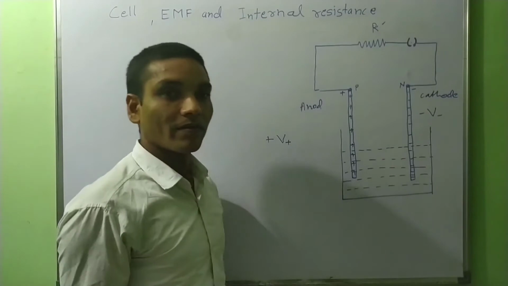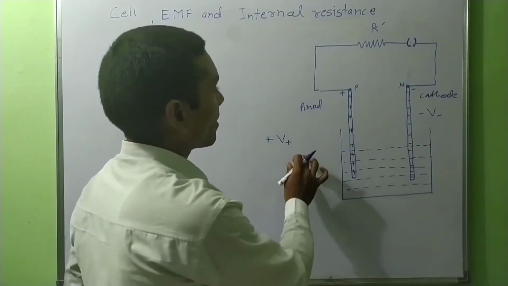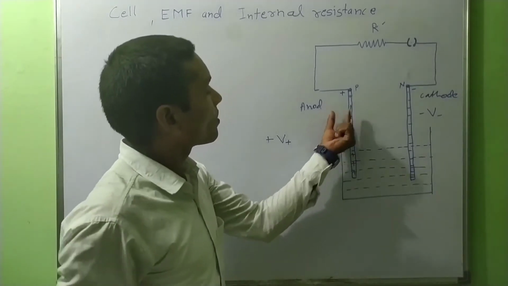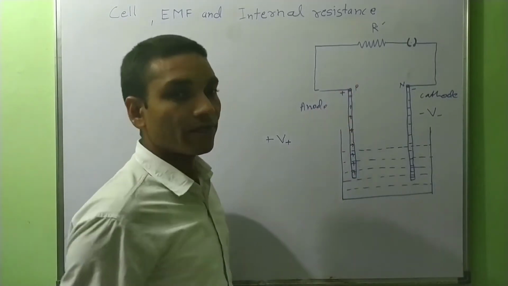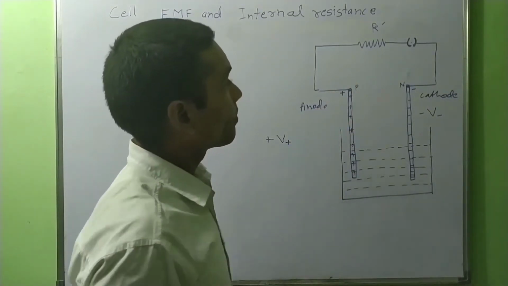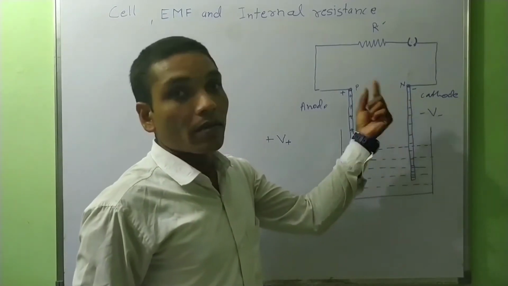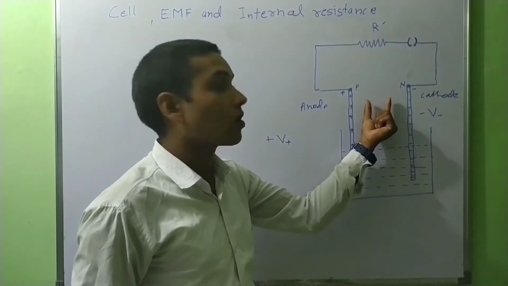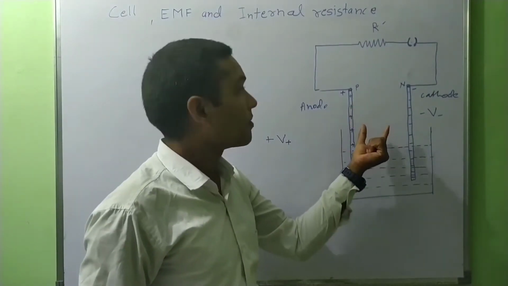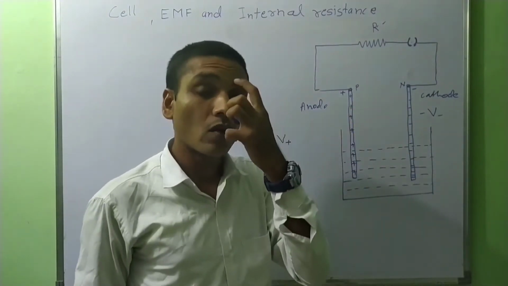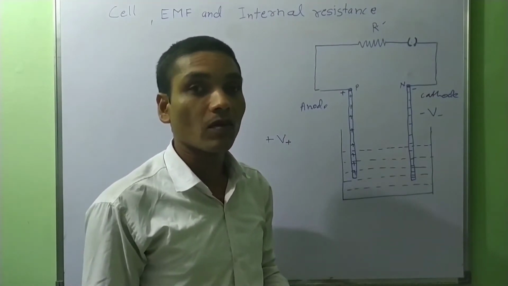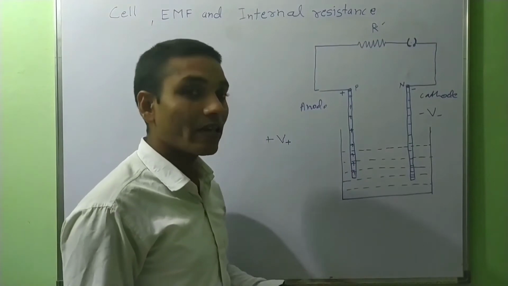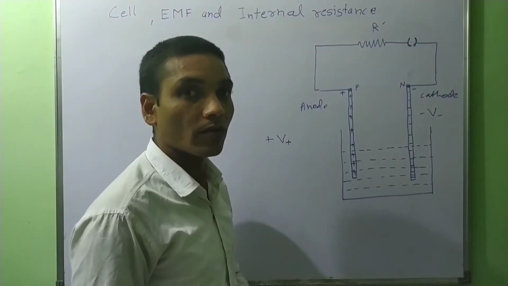Okay, these are the potentials of the anode and cathode. Now the potential difference in open circuit between two terminals or electrodes is called the electromotive force. Okay, so what is the expression for electromotive force?